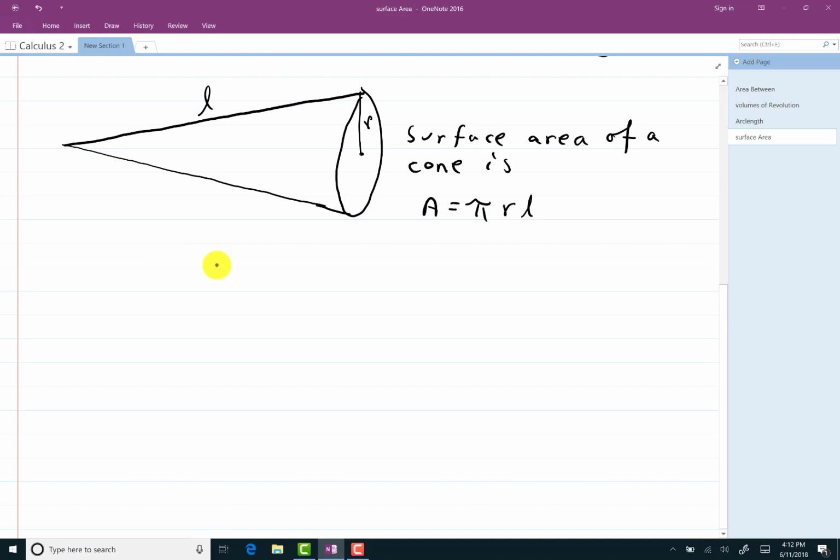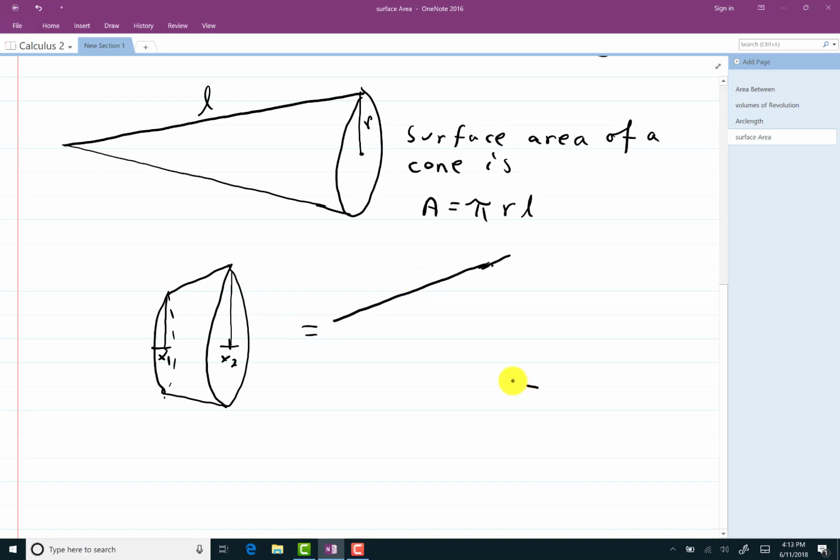If I want my frustum, there's my frustum. That is going to equal, so let's say I come in here, and here's x1, and then here's x2.